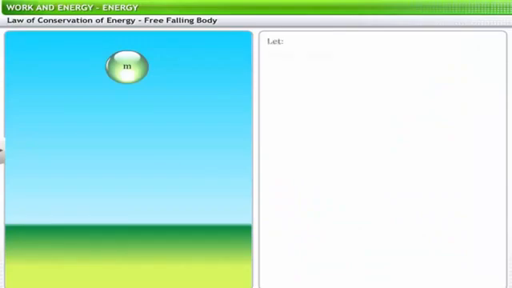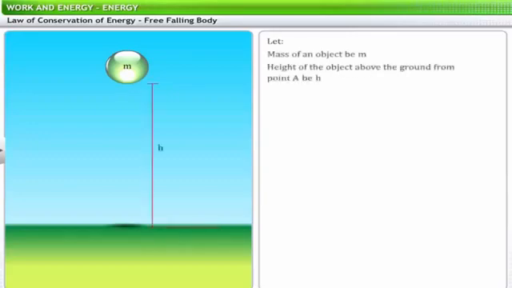Let a body of mass m be released from a height h above the ground. We can regard the point from which the body was released as point A. At this point, since the body is at rest, the potential energy is equal to the product of mass, acceleration due to gravity, and the height.